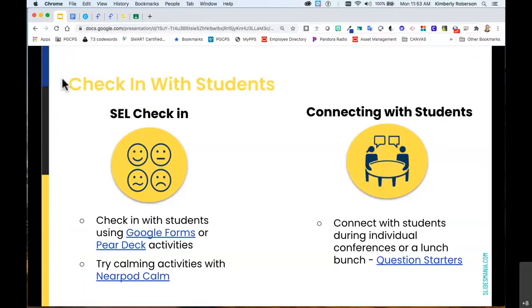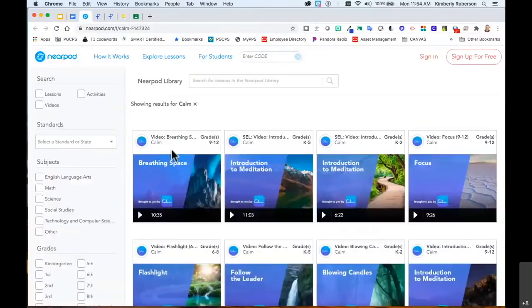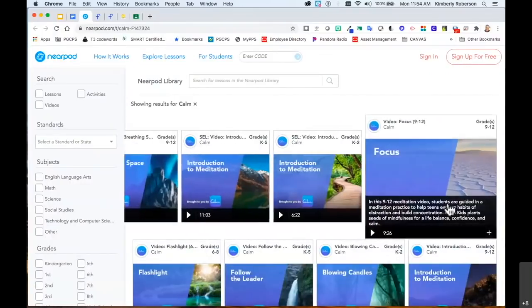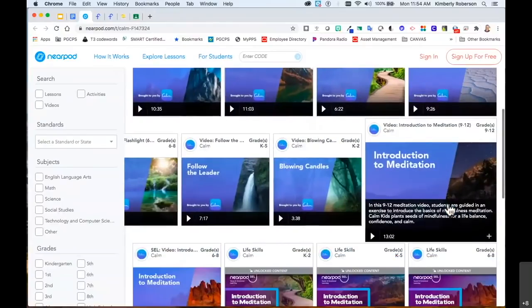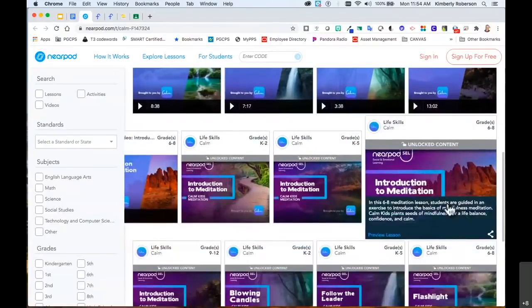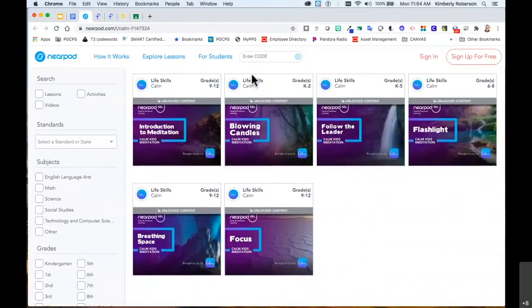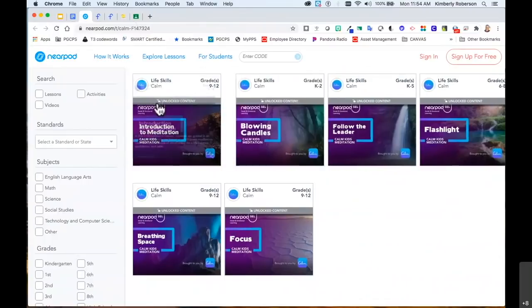Nearpod also has short activities and videos from Calm that help you to introduce the basics of being mindful and mindfulness. These activities could be used throughout the day with your students. You simply need to add them to your library and use them.